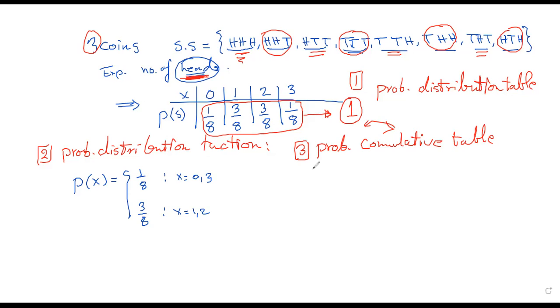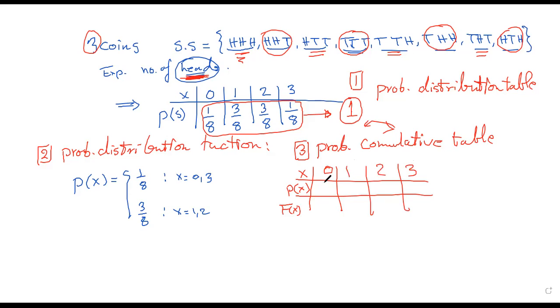Similarly, we may have the cumulative probability table when we have x and probability of x. I will rewrite the table as it is. If x is 0, 1, 2, and 3, and the probabilities are 1 over 8, 3 over 8, 3 over 8, and 1 over 8.